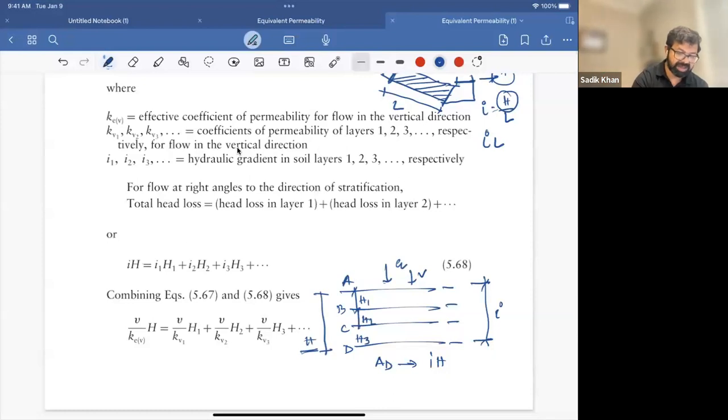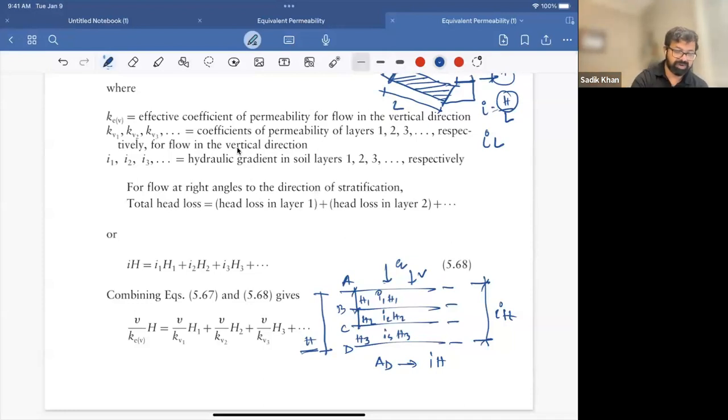Okay, so then what we will have is the hydraulic gradient, or the pressure drop, iH total, equal to i1H1 plus i2H2 plus i3H3. So the total pressure head is equal to the sum of each drop, right?